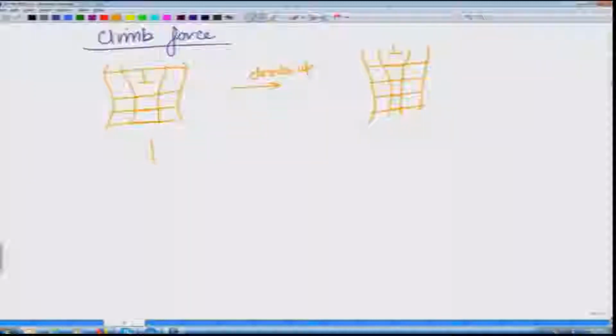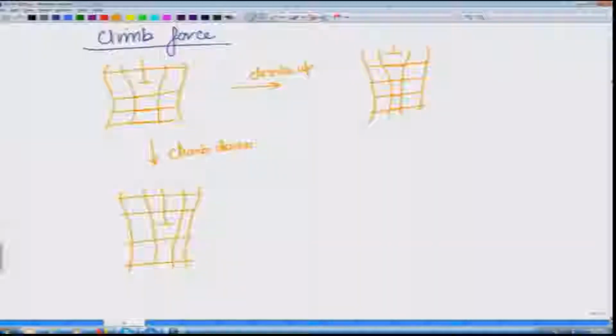Or it can climb down. So it will become like this. Now you see that the dislocation which is climbing can either climb up or climb down.